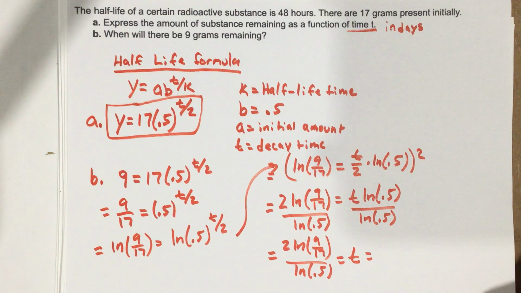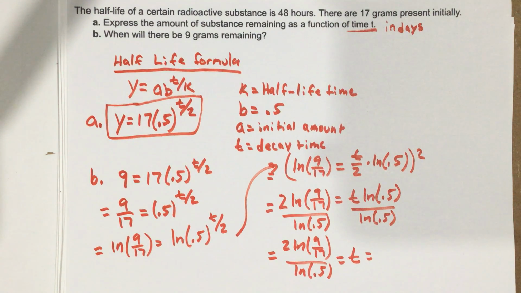I'm going to pull up my calculator here for a second. So natural log, we're going to do 9 divided by 17. Take the natural log of that. We're going to take it times 2.